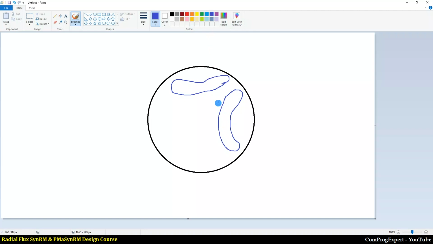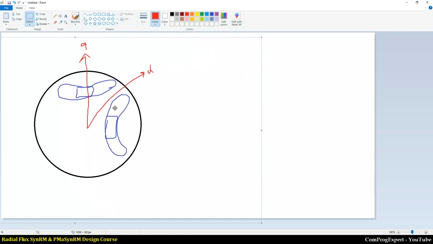This is a permanent magnet and another permanent magnet that we have here. So as you know, this is the d-axis of the rotor core in the direction of the minimum reluctance, and this is the q-axis, 90 electric degrees ahead of the d-axis.